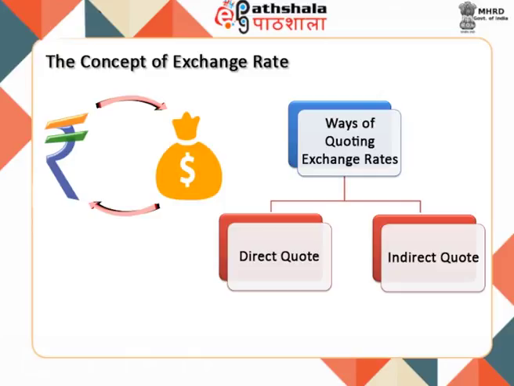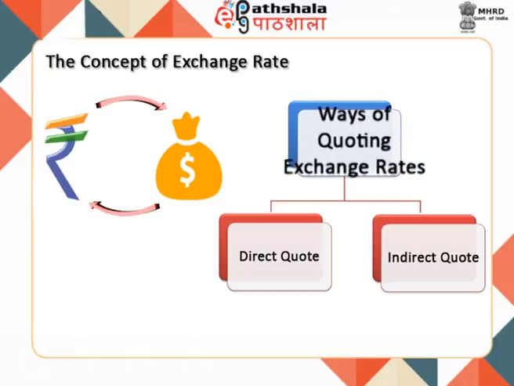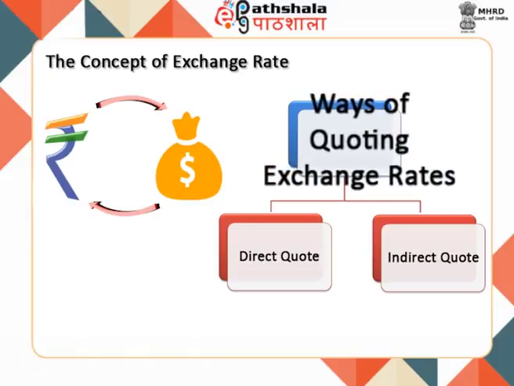A direct quote is the quote where the exchange rate is expressed in terms of number of units of domestic currency per unit of foreign currency: rupees per dollar. For example, 55 is the direct quote for USD in India. This quote is read as rupees 55 per US dollar. In other words, $1 is worth rupees 55.